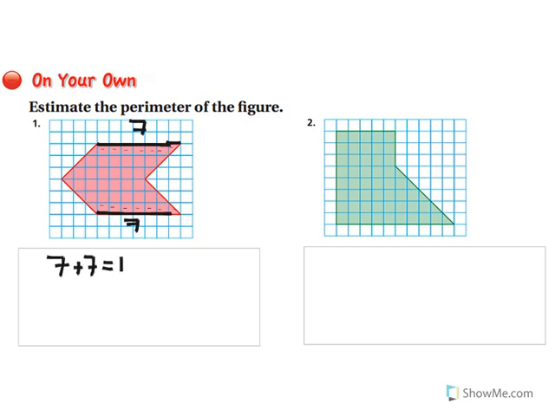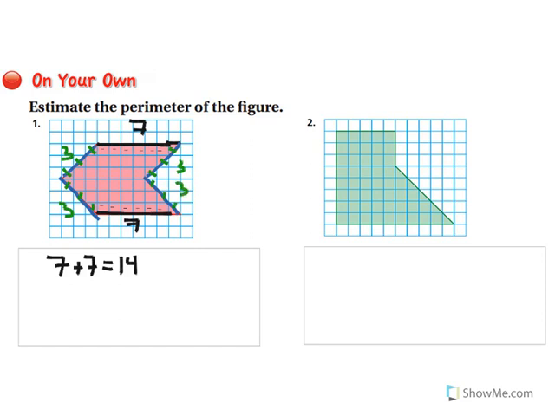And then I'm going to look at my diagonals. I have this one, this one, this one, and this one. Each is 1, 2, 3.